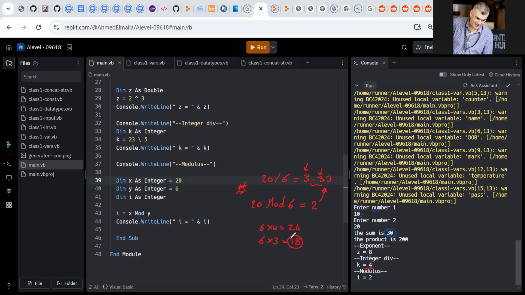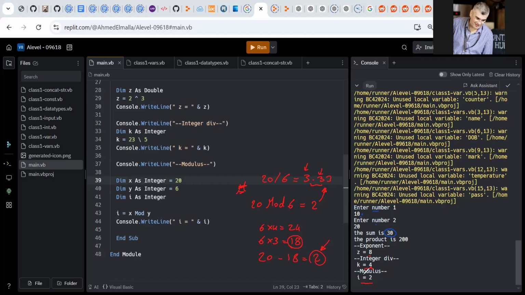So the nearest number to 20 is 18. If I multiply 6 by 3, it gives me 18. I subtract 20 minus 18, it gives me 2, so the remainder is 2. So if I divide 20 by 6, the result is 3 and the remainder is 2. That's why when you do 20 modulus 6, the result is 2.